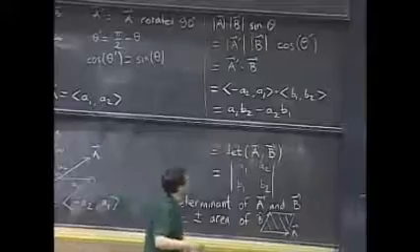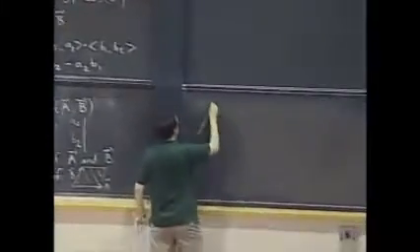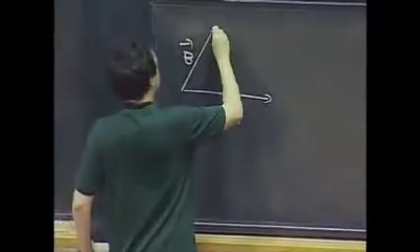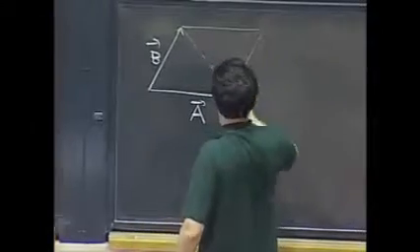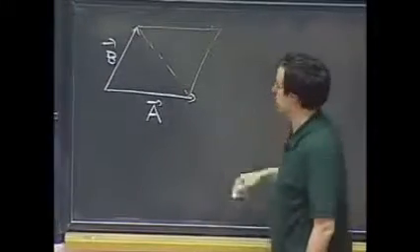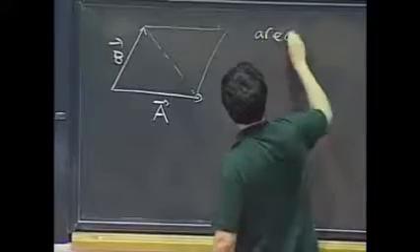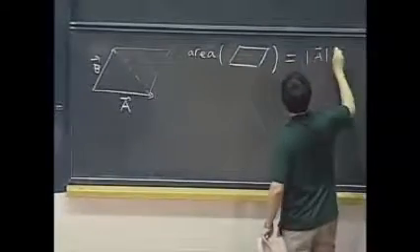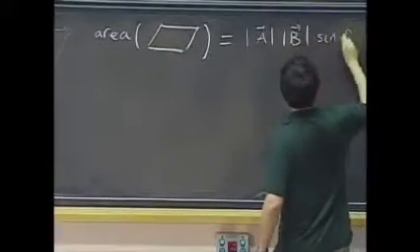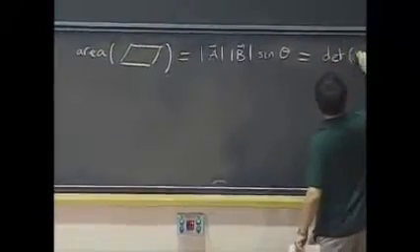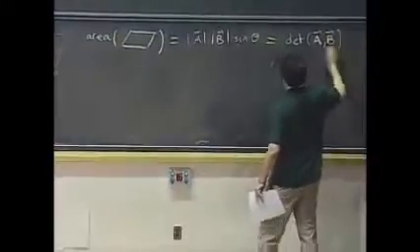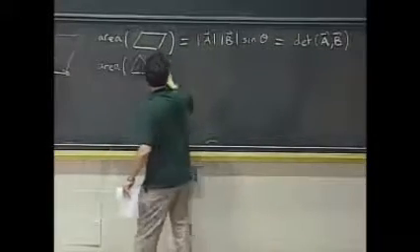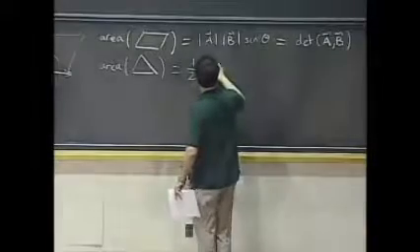So let me explain that again. So if I have two vectors A and B, I can form a parallelogram with them, or I can form a triangle, okay? And so the area of a parallelogram is equal to length A, length B, sine theta, which is equal to the determinant of A and B. While the area of a triangle is 1/2 of that.